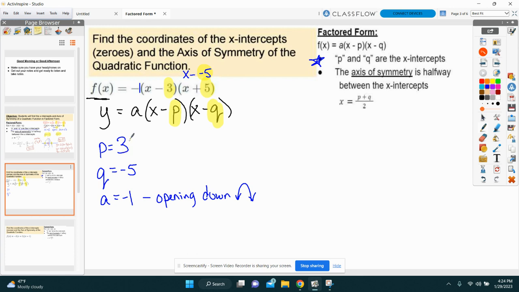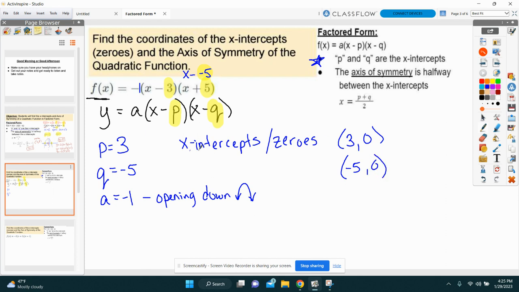But we know our x-intercepts, so we can say the x-intercepts, sorry, my writing is so sloppy, the x-intercepts, or the zeros, same thing. The zeros of the function is the coordinate point where it's going to be 3, 0 and negative 5, 0.